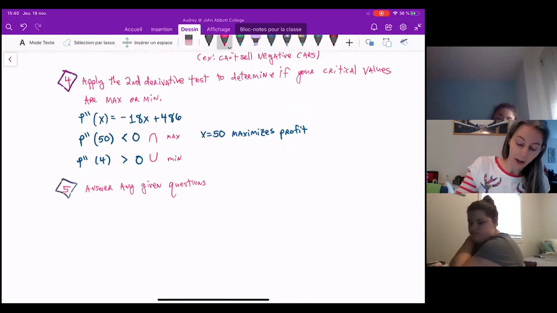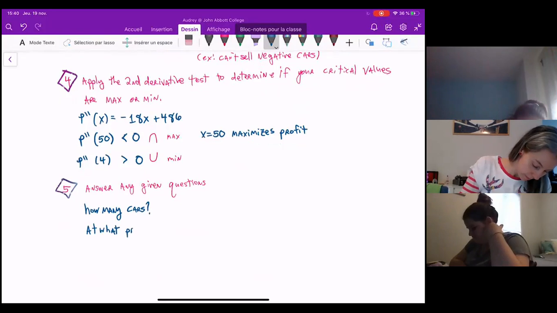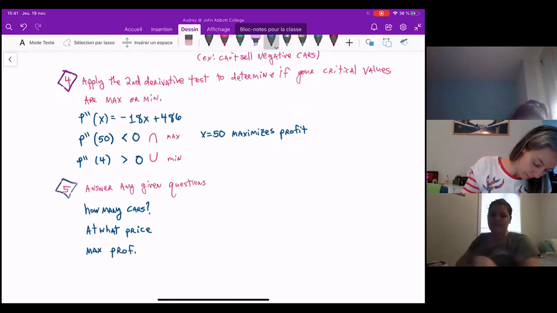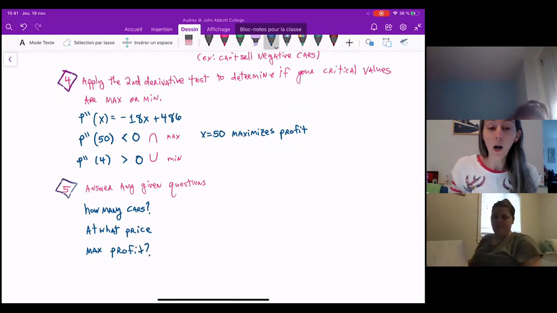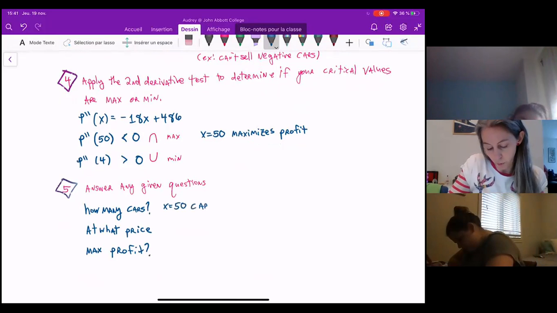So we are saying how many cars, at what price, what is max profit? So how many cars, we already answered that. x equals 50 cars should be sold.